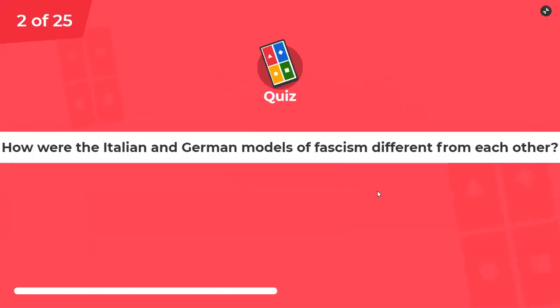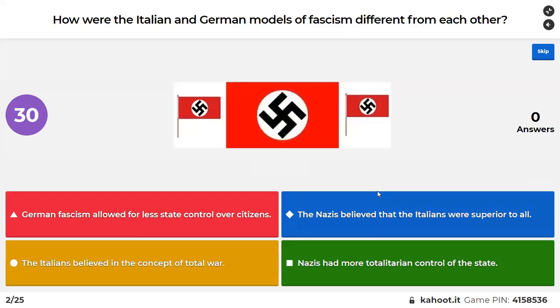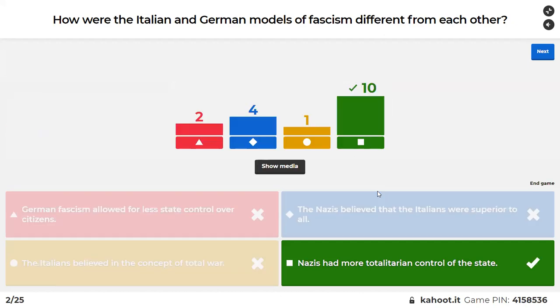How were the Italian and German models of fascism different from each other? Right.